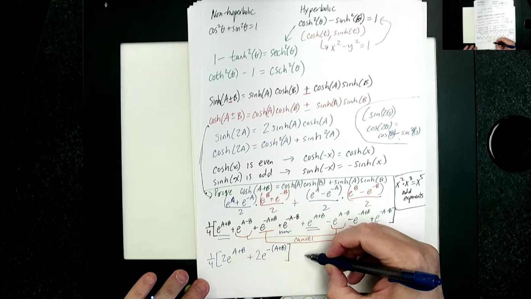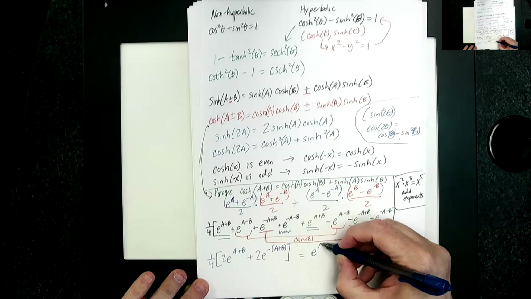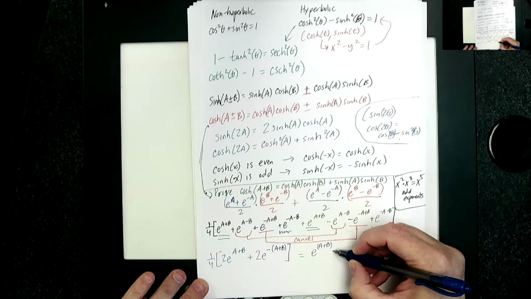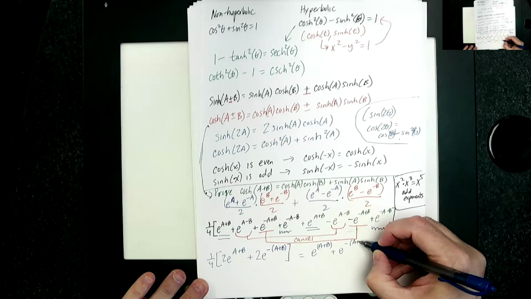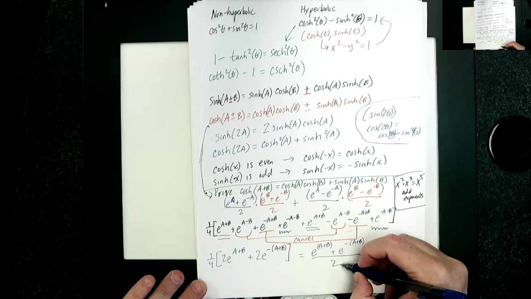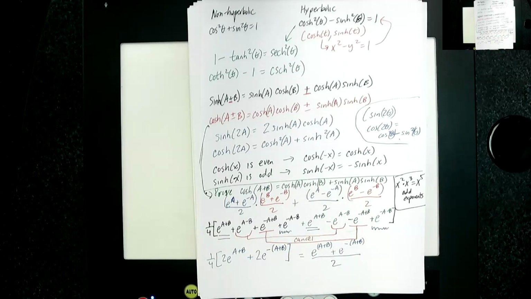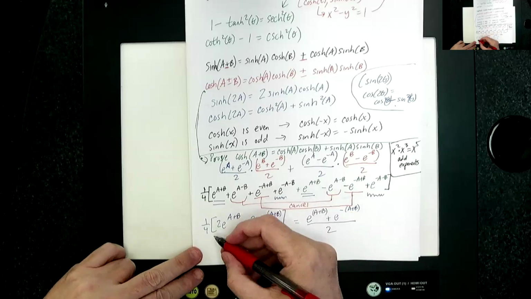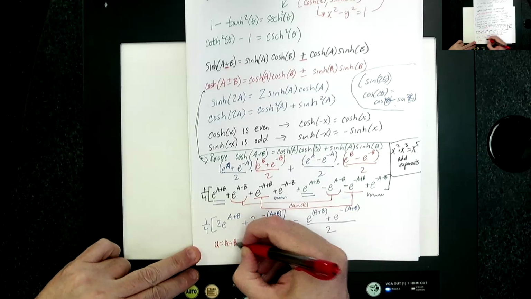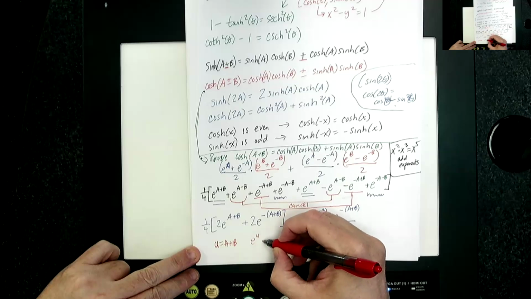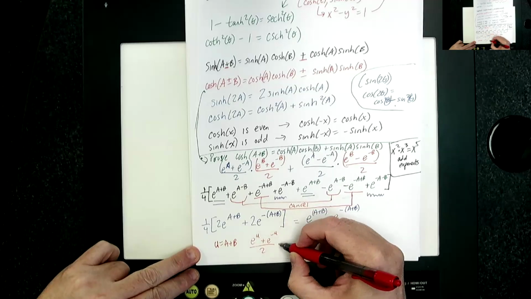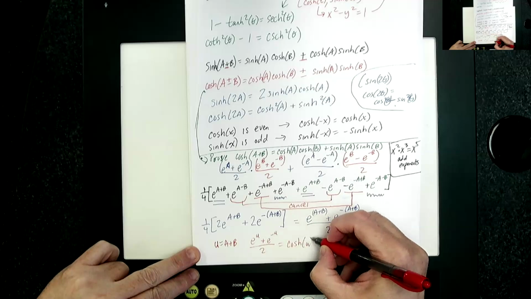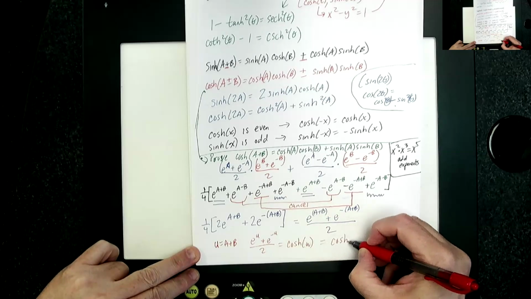Push the 1/4 in, I've got e to the A plus B plus e to the minus A plus B over 2. And if you don't see it yet, just treat u as A plus B. And we have e to the u plus e to the negative u over 2, which would be cosh u, which is cosh of A plus B.